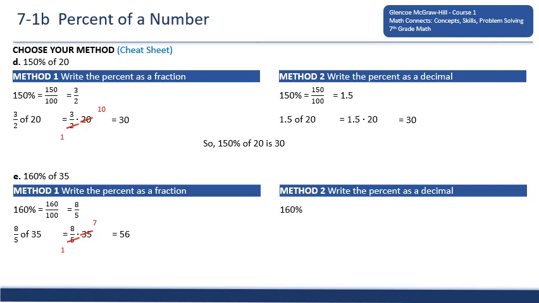And if we do method 2, write the percent as a decimal. 160% equals 160 over 100, which equals 1.6 if we divide 160 by 100. 1.6 times 35 equals 56. So 160% of 35 is 56.